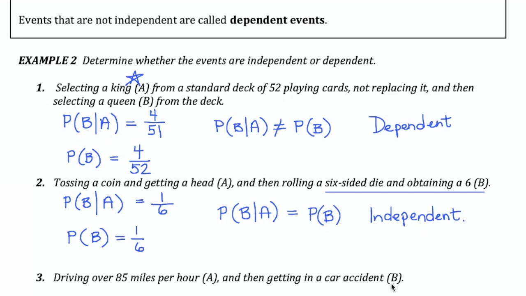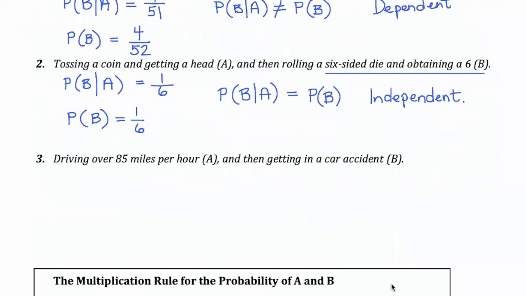In number 3, we're asked to consider driving over 85 miles per hour as our first event, and then the second event is getting in a car accident. So what's the probability that I do get in a car accident when I was driving over 85 miles per hour?